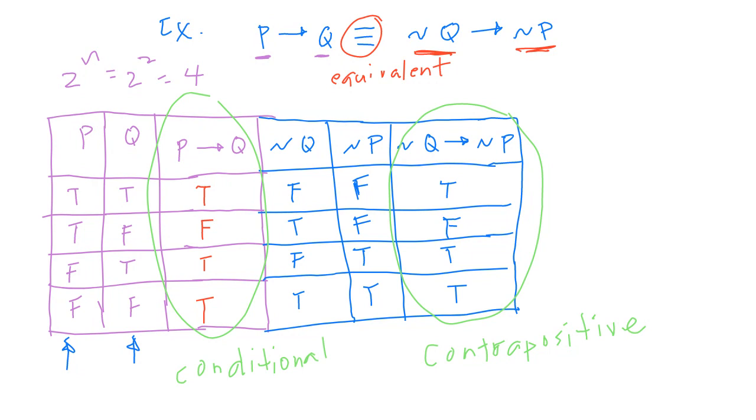Okay, so you can see the values in the third column are TFTT, and in the last column are TFTT. So they're exactly the same. Therefore, they are equivalent. So that's how we know.